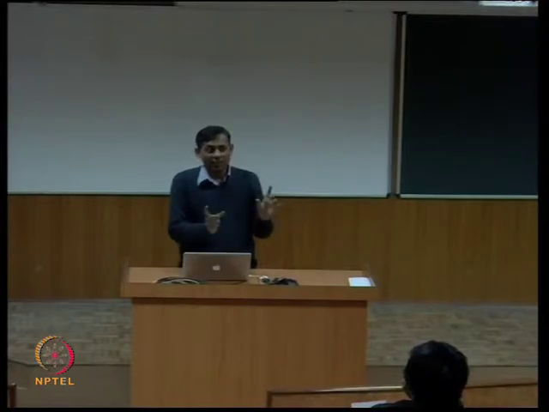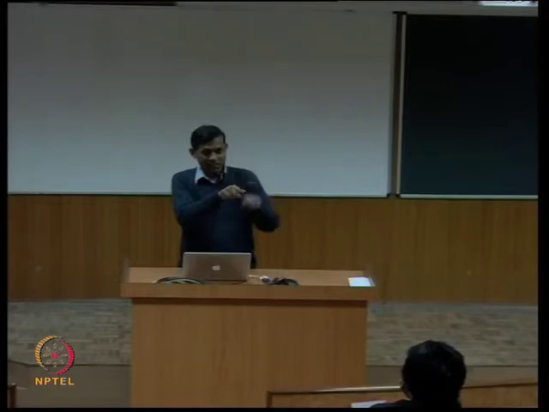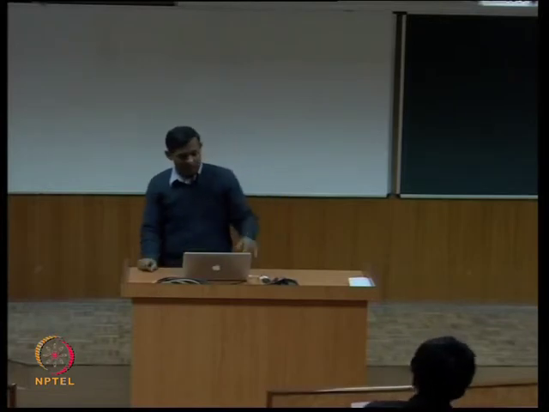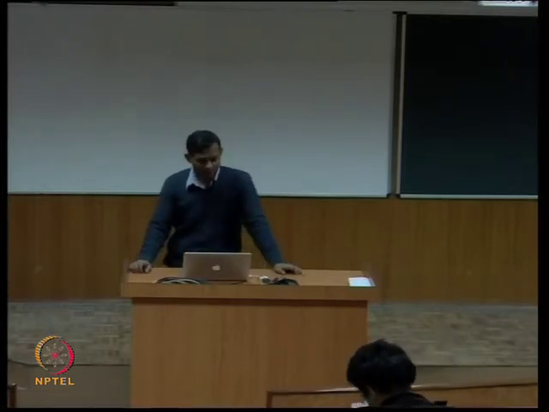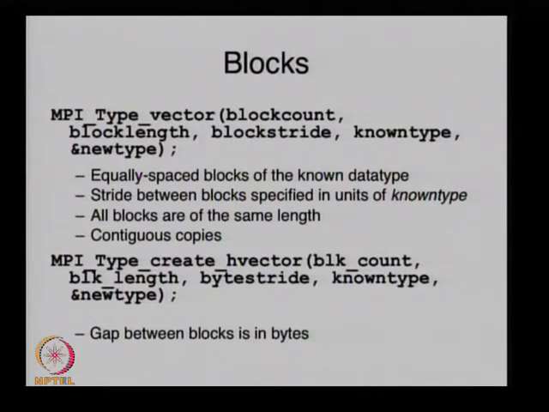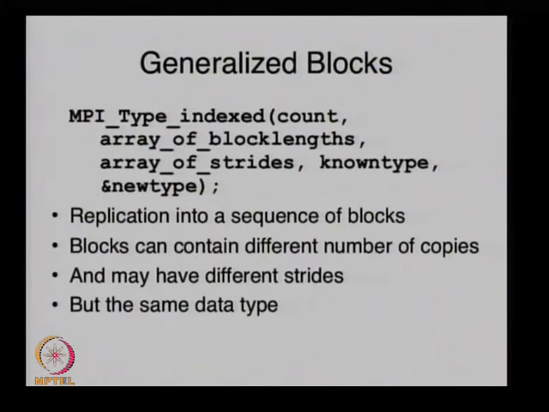You can create a type by only sending these command fields. Okay, and that is being done in this vector and half vector variants, where you say jump so much and then pick out one more piece of data, jump so much, pick out one more piece of data of a known type. We can also create blocks of such strided memory fields.